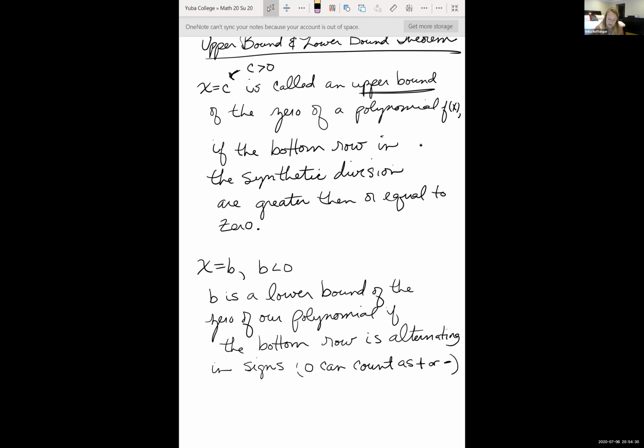Okay, so let's keep that in mind, but let me give you the other theorem that can also help us find those zeros or limit the number of zeros we have to test. That's called Descartes' rule of signs.